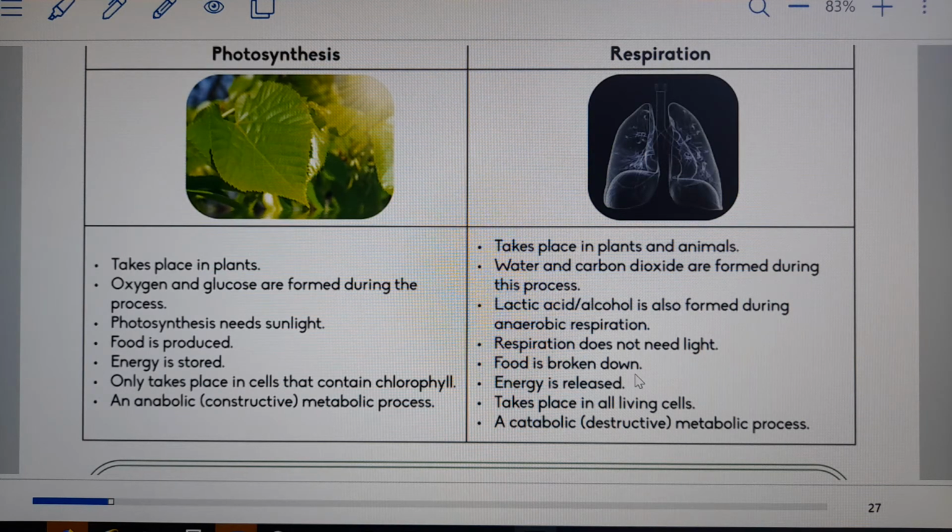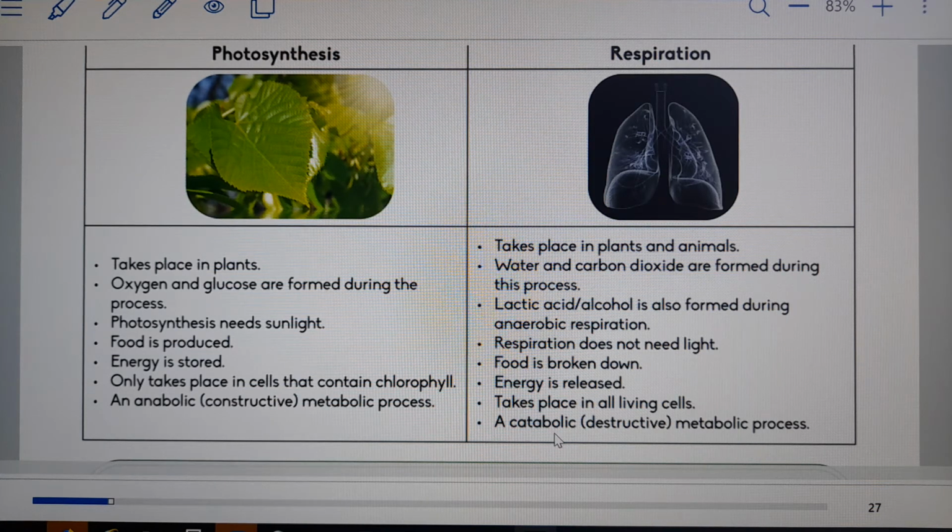Food is broken down, energy is released, and it takes place in all living cells. It is a catabolic metabolic process. Catabolic means destructive and anabolic means constructive. You build, you construct, and catabolic, you break, destructive.